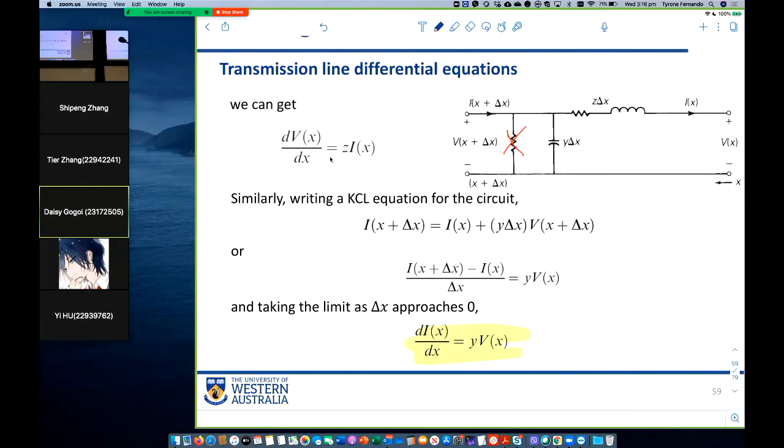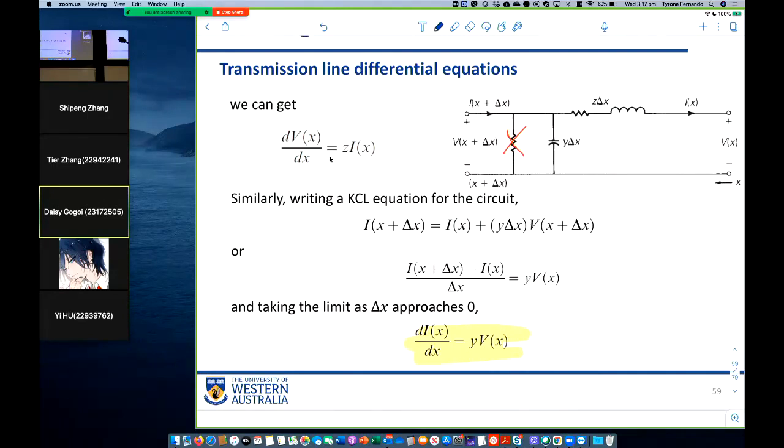Again, Ix on the right-hand side can be brought to the left-hand side, so it becomes Ix plus delta x minus Ix. Delta x can be brought across into the denominator on the left-hand side. If you set the limit of delta x to approach 0, then the left-hand side is simply dI dx.